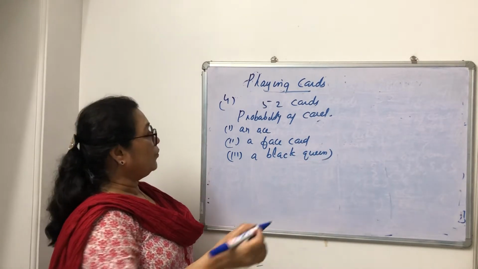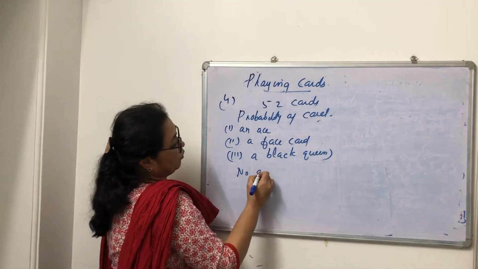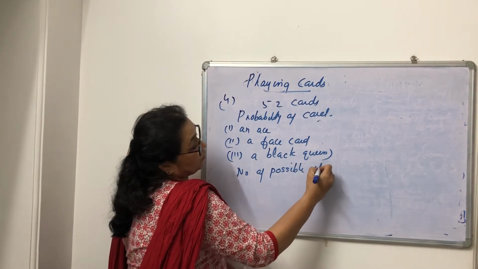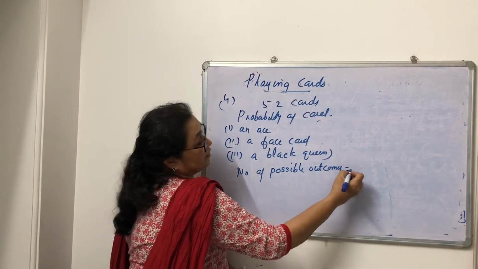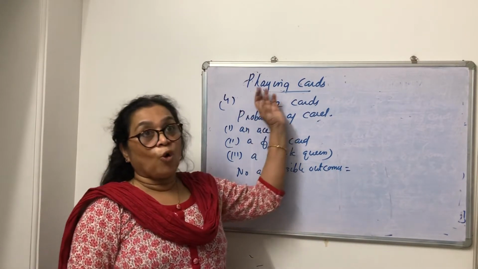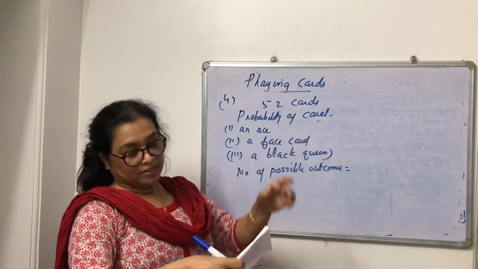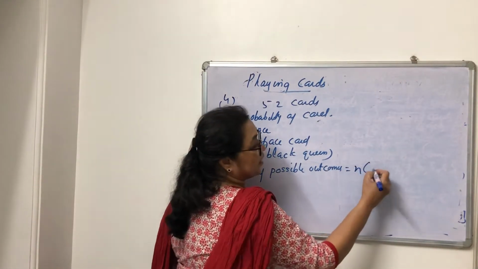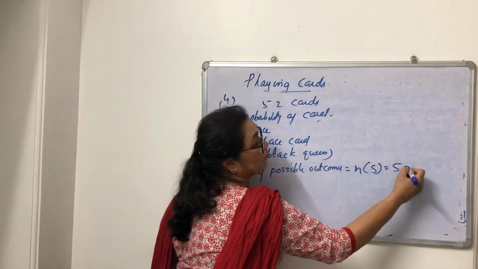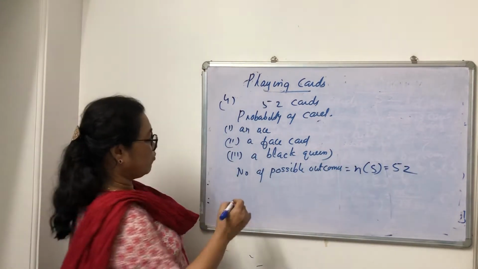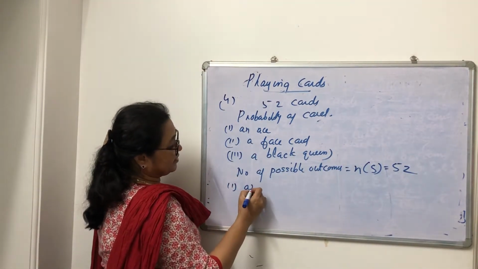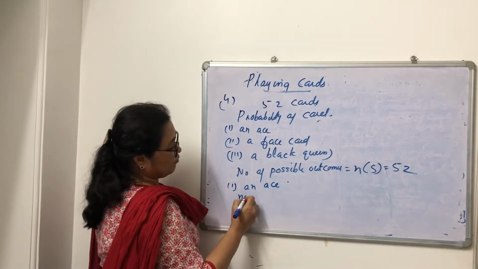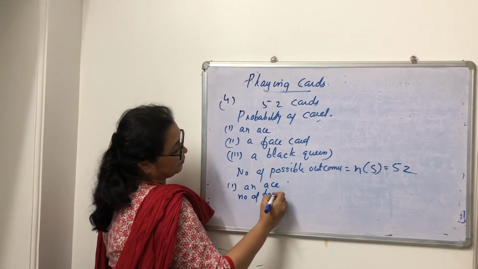So here you know the number of possible outcomes. That means all possible. How many cards are there? There are 52 cards. Therefore, n(S), the number in the sample space, is 52. So first one, an ace. What is the number of favorable outcomes?